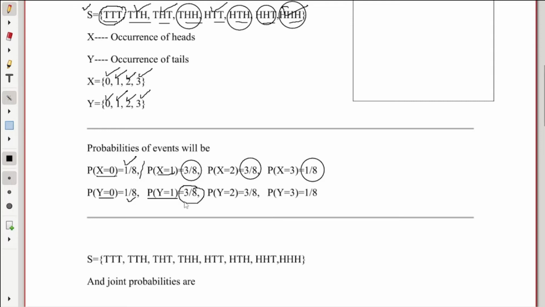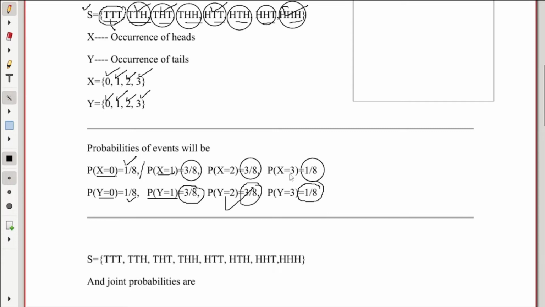For 2 tails, also 3 upon 8 probability. For 3 tails, you can see that only 1 favorable case, so 1 upon 8.